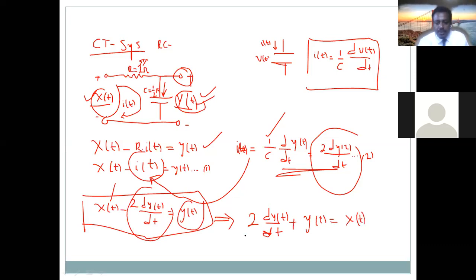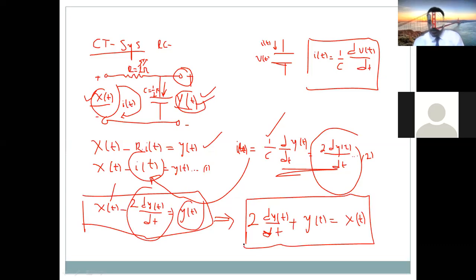You see this equation? This equation is called first order because the derivative here is first. If it were d square, it would be a second derivative. So it is a first order differential equation, for this simple RC system.